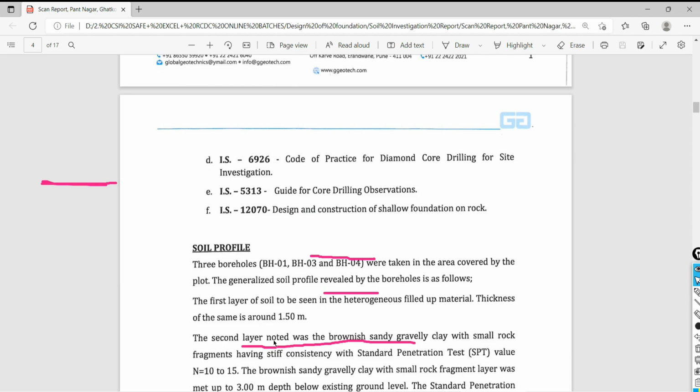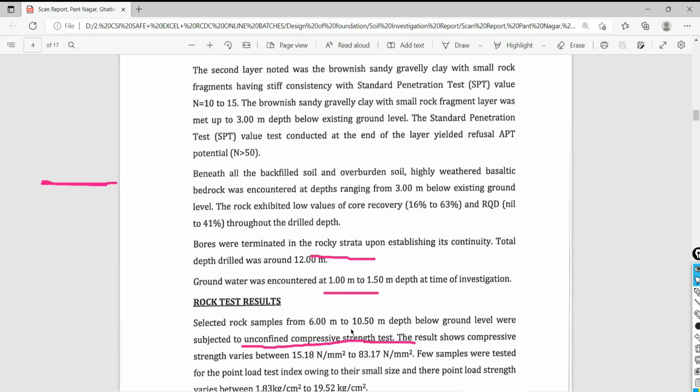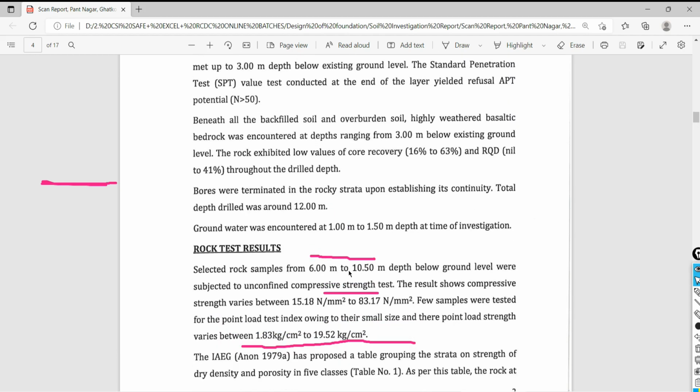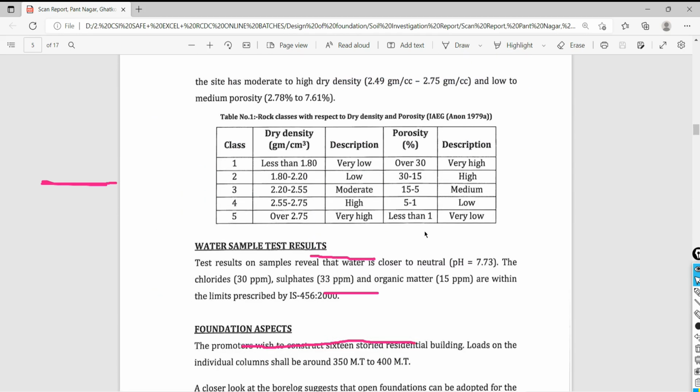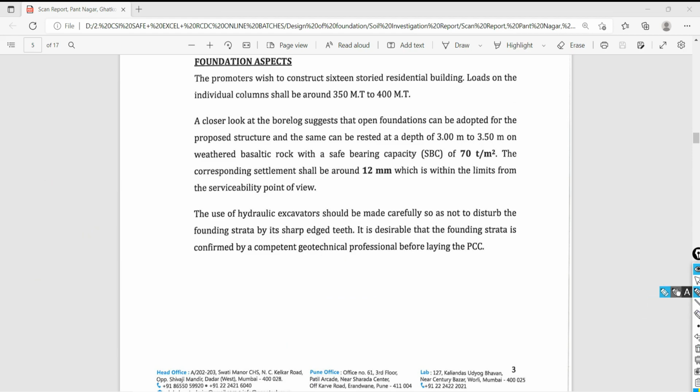Some soil reports will also give this subgrade modulus. But if you are not getting the subgrade modulus, what's the problem? You have to take the SBC of the soil and divide by the settlement, so you can calculate it.